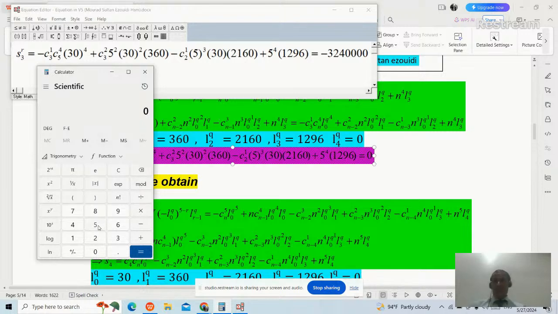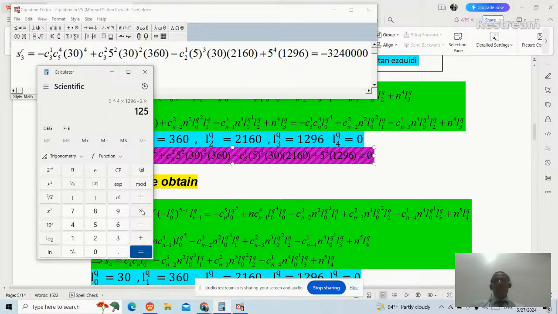So 5 raised to the power 4 times 1296. Okay, minus 2 times 125 because 5 cubed.